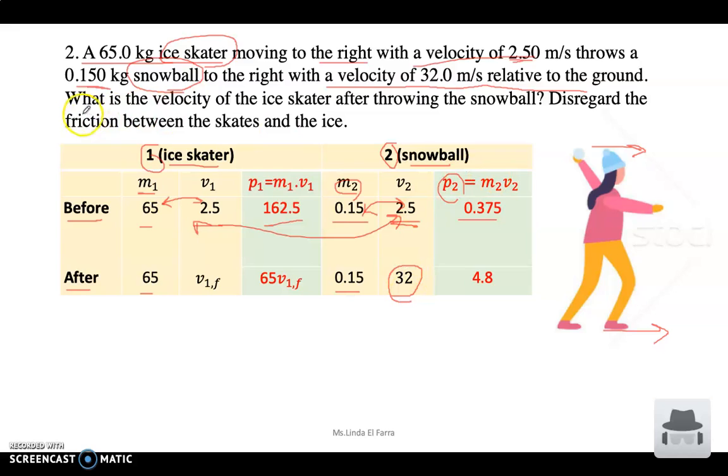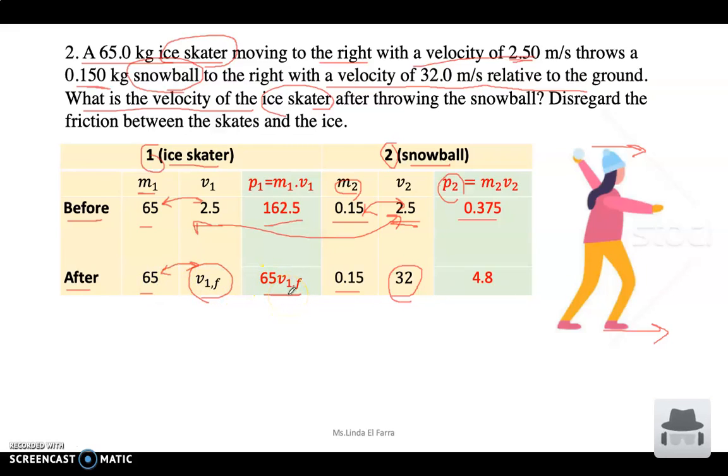Now I need to find the velocity of the ice skater. The ice skater is my first object. I don't know her final velocity, so V1 final, because she's object number one. From here, I can continue filling out my table. Mass times velocity will give me the momentum, which is 65 V1 final.